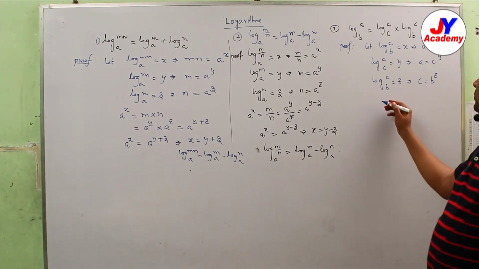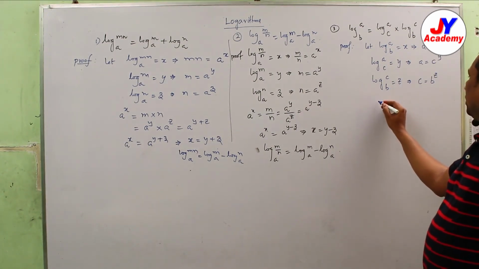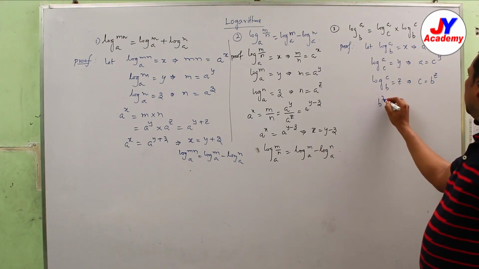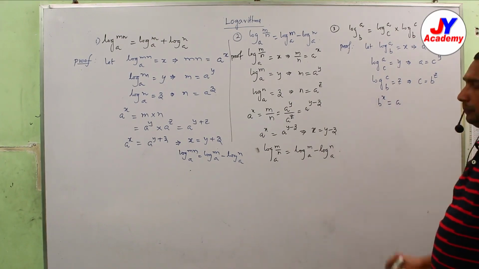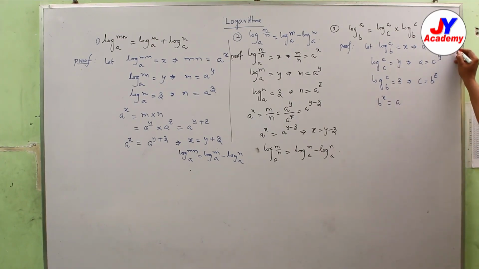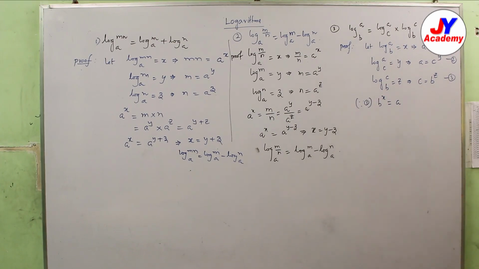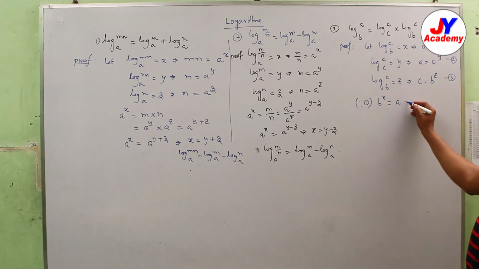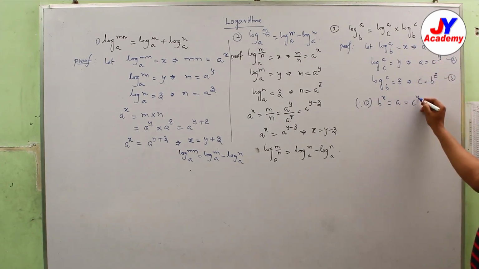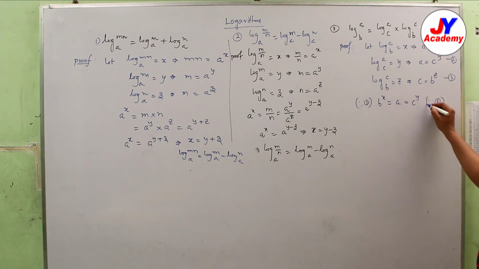Now consider b to the power of x is equal to a. Let it be the first equation, this the second equation, this the third equation. Since the first equation is b to the power of x is equal to a, but you know what a is? c to the power of y, from the second equation.